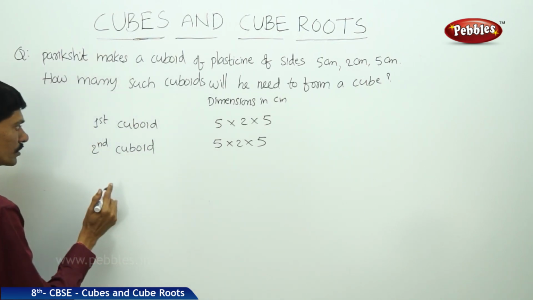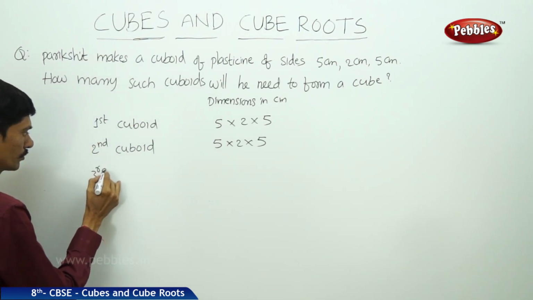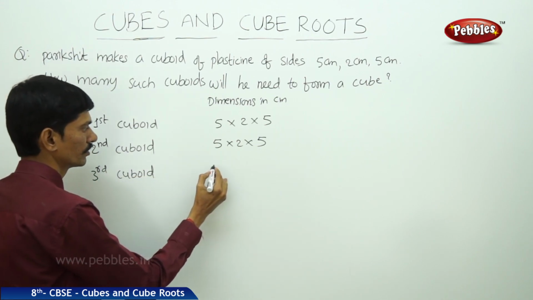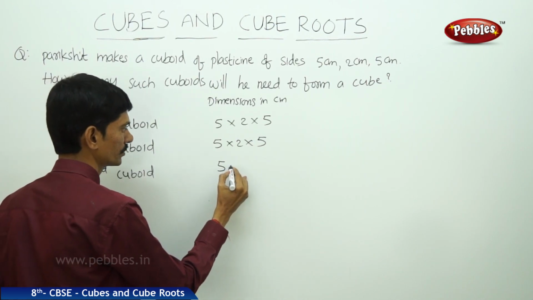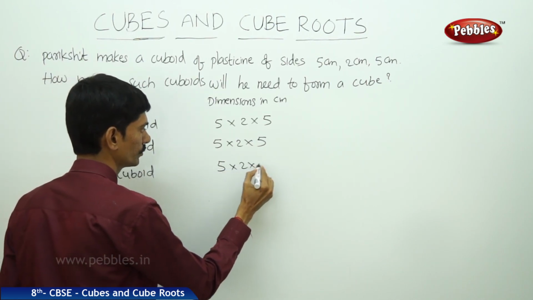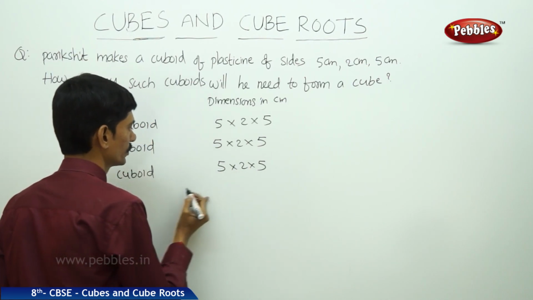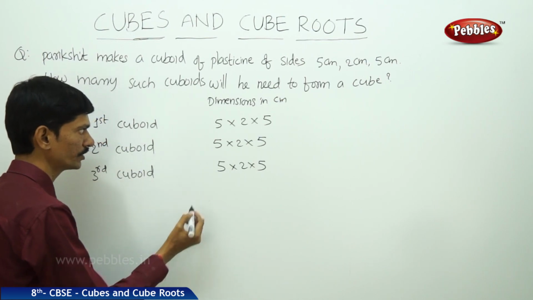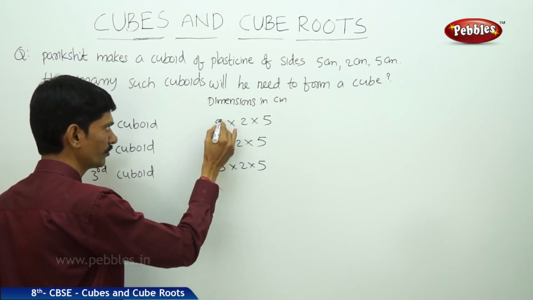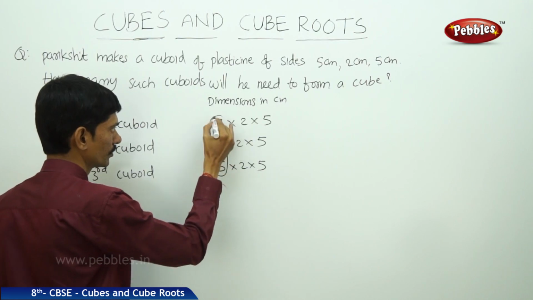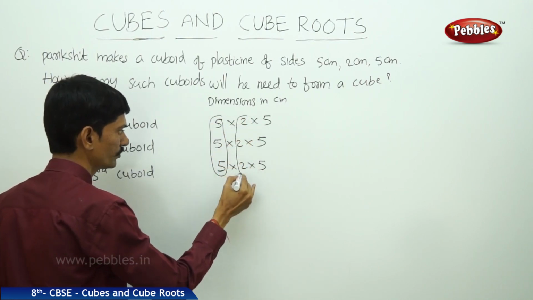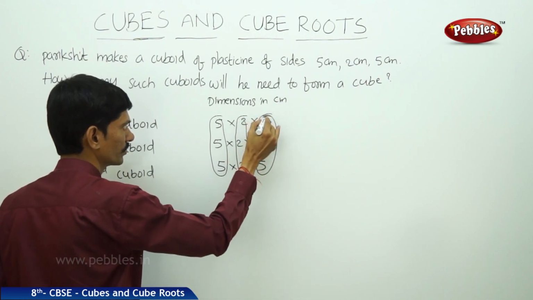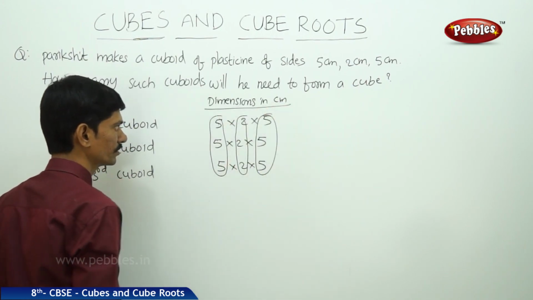Now let us take the third cuboid. Again the same dimensions, 5 into 2 into 5. So there are 3 cuboids taken with the same dimensions. Now if you observe the dimensions here, 5 appears 3 times, then 2 appears 3 times, again 5 appears 3 times. Then the cube is formed.